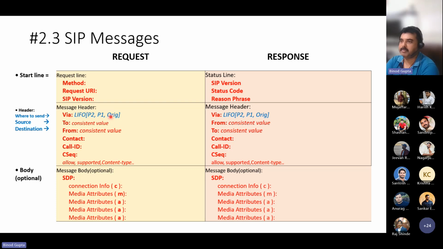The first message will be the originator, then proxy one, and then proxy two. So on top, what you will see is proxy two.